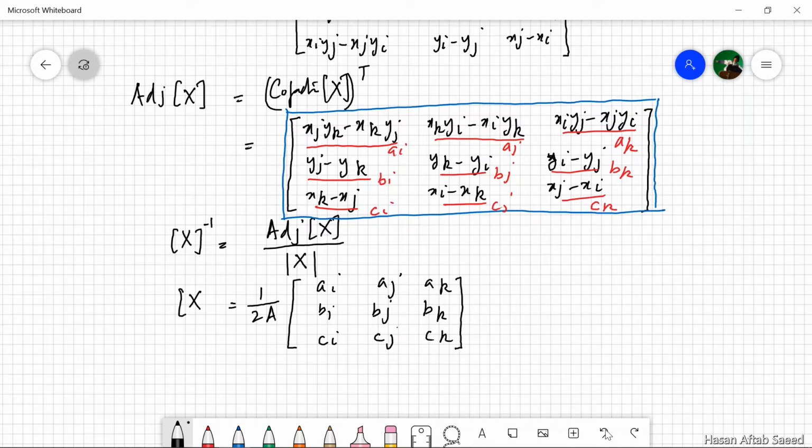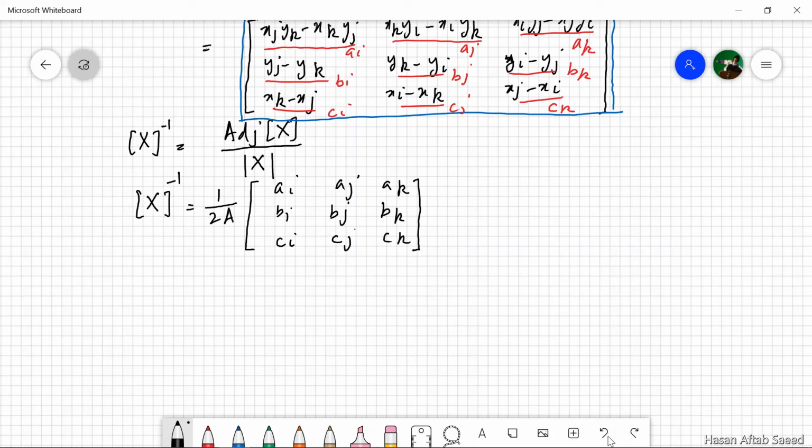This is the inverse of x. Now let's put this back in our original equation.